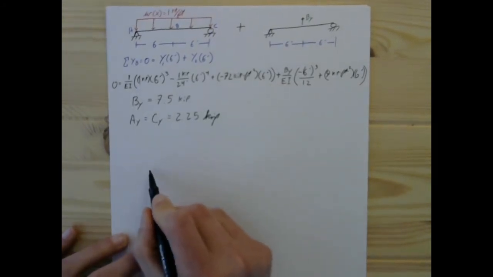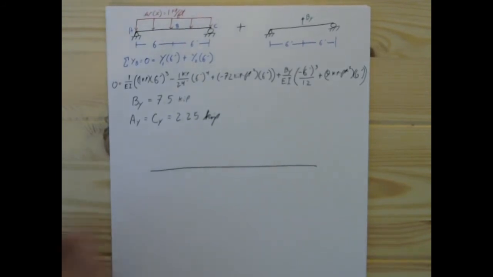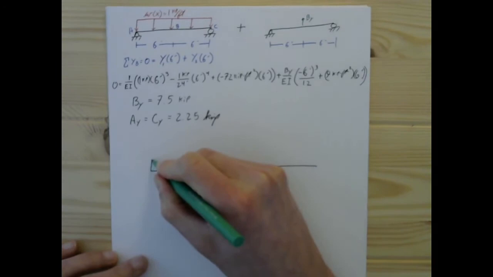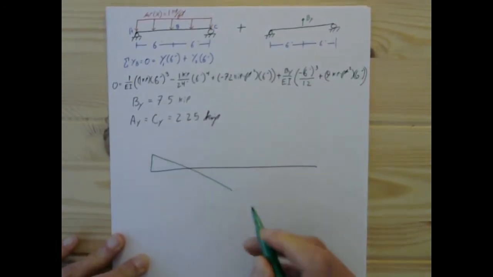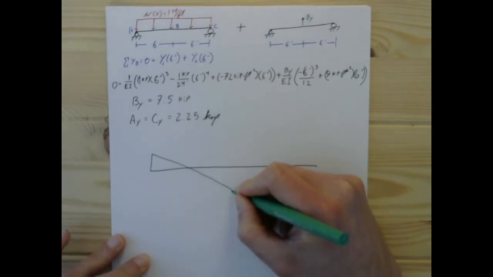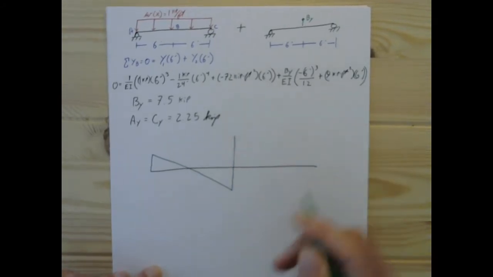And if we want to look at their shear functions, it's going to look a little something like this. We're going to pop up 2.25, dive down to negative, is that 3.75? Up to positive 3.75.